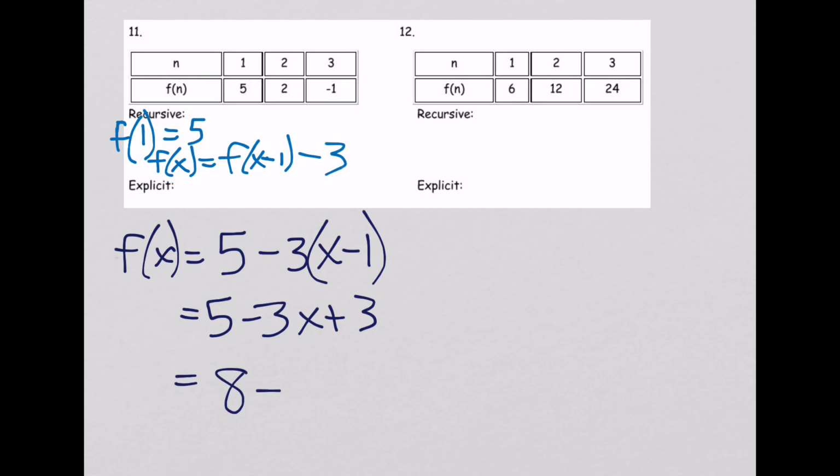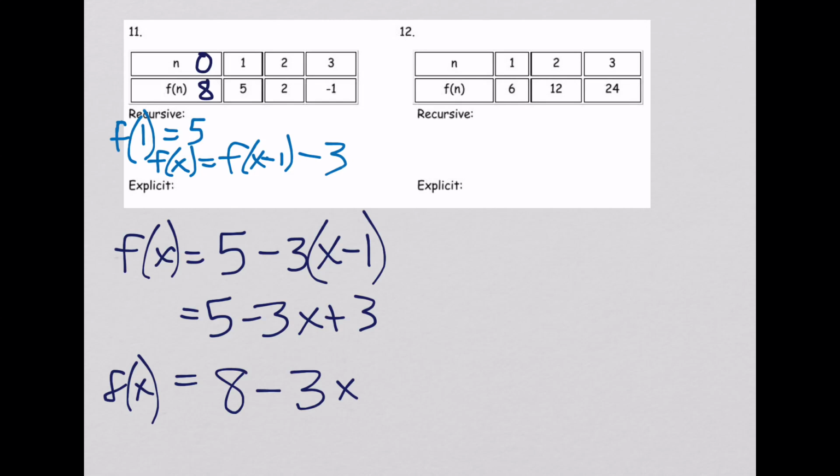It's 8. So 8 − 3x is also an acceptable equation for explicit. And if you rolled this table back to the zero term, it would have been 8. So you could put that in slope-intercept form by saying, my y-intercept is 8, and my slope is negative 3, because I'm subtracting 3 every time. So that works as well.